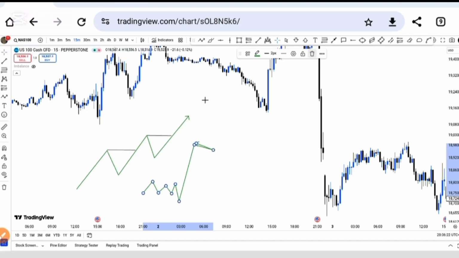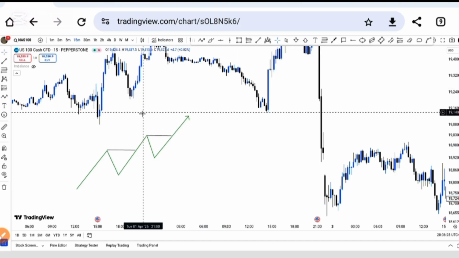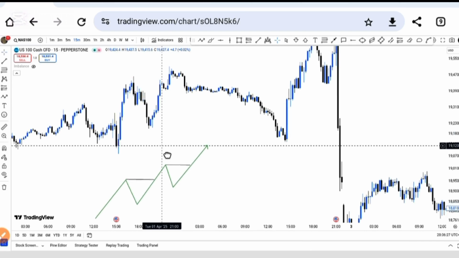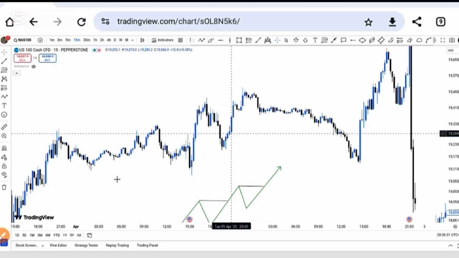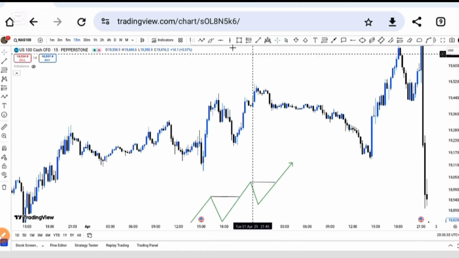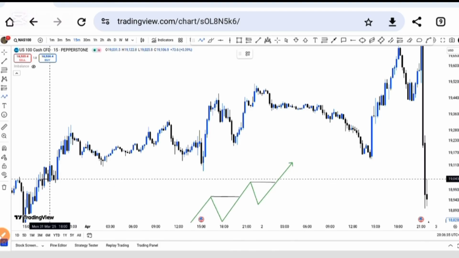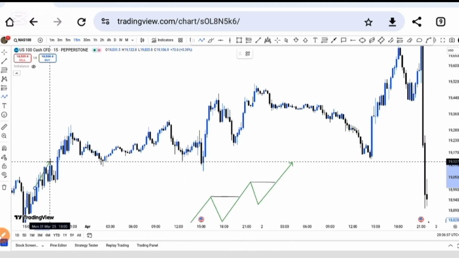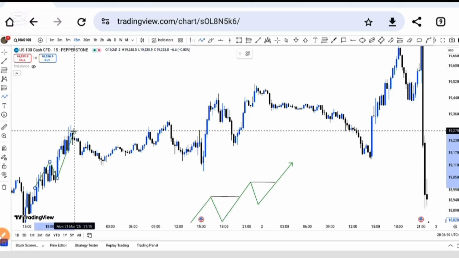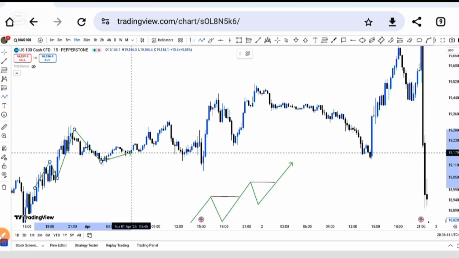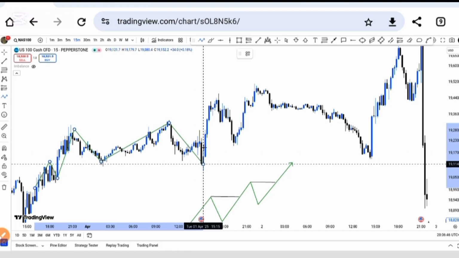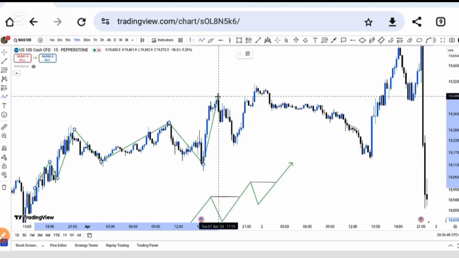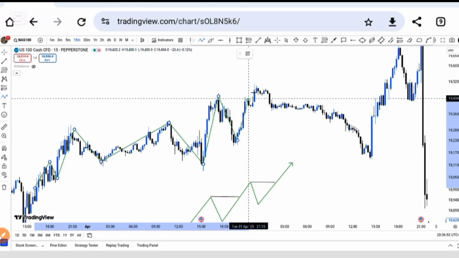I don't want this video to be too long. So you can see that there's a market structure in this particular chart. The market is creating higher high, higher low, higher high, higher low, higher high, higher low, higher high, higher low.